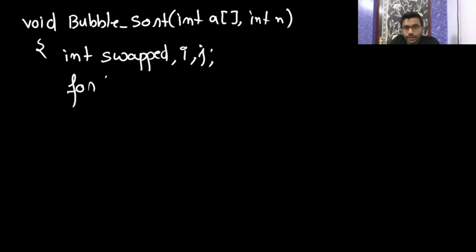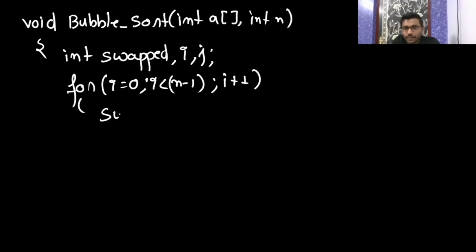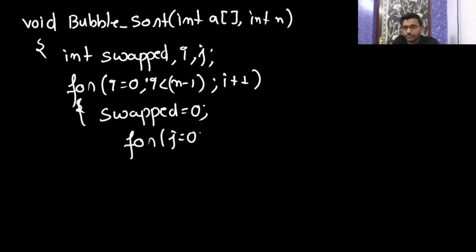So for i equal to 0, i is smaller than n minus 1, i plus plus, initially I am making swapped equal to 0. Swapped equal to 0 indicates that it is already in increasing order. Now for j equal to 0, j goes till n minus 1 minus i, j plus plus.